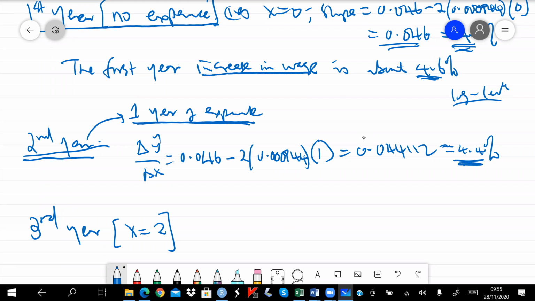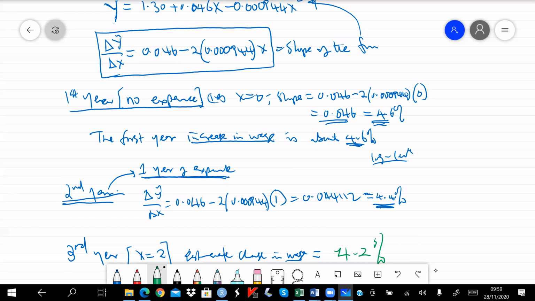Then the estimated change in wage, you can write down the value in percentage form, is around 4.2%.